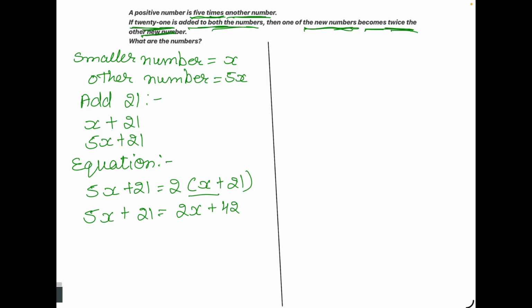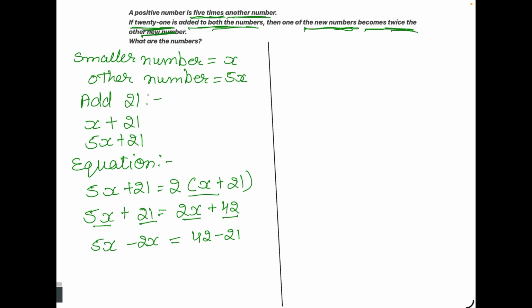Now we will bring variables to one side and numbers to the other side. So 5x minus 2x, because when we shift the positive 2x to the left hand side, it will become negative, and is equal to 42 minus 21.